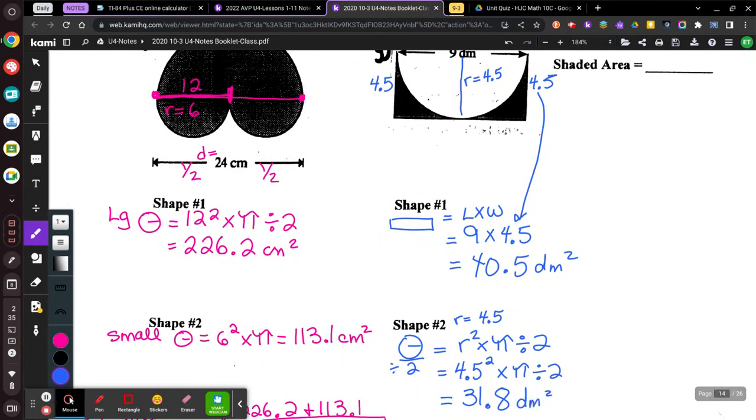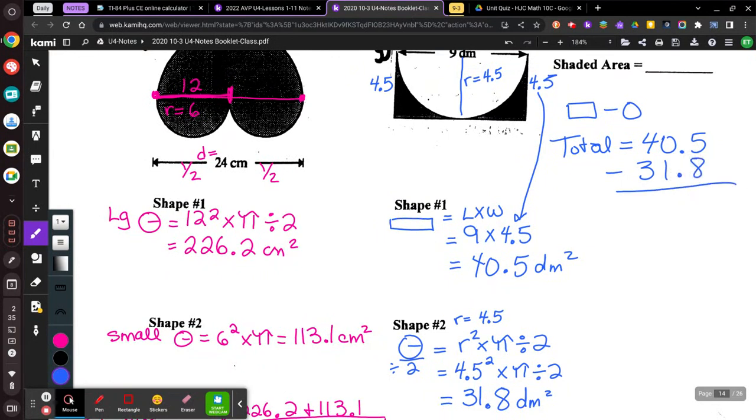Now, are they both shaded? Do I add them together? No, we want the shaded area. So that means we're going to go rectangle, subtract, circle. So my total is going to be 40.5 subtract 31.8.